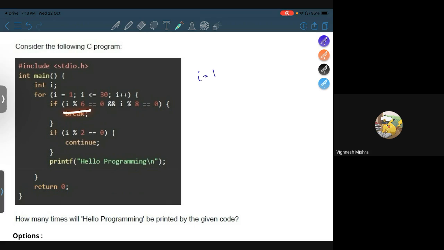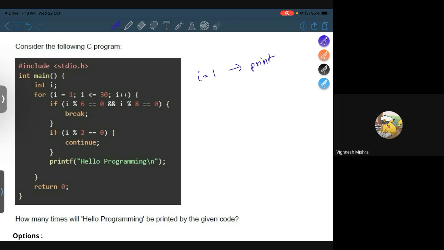So i modulo 6 is again 1, so this condition fails here only, and it will check, is it even? No. Then it will go again and again. For 1, this will get printed.